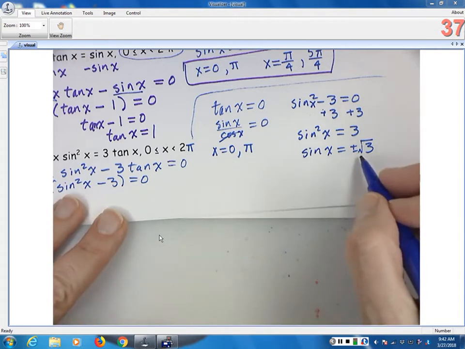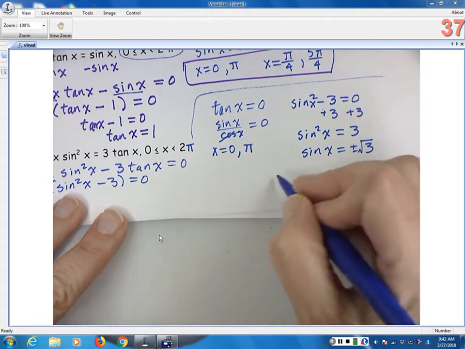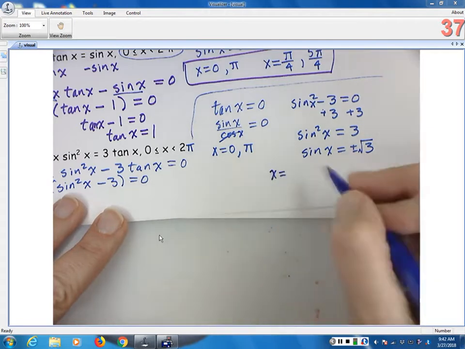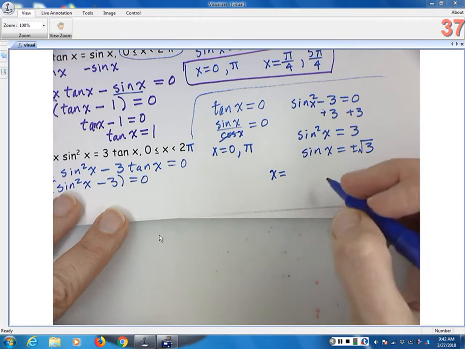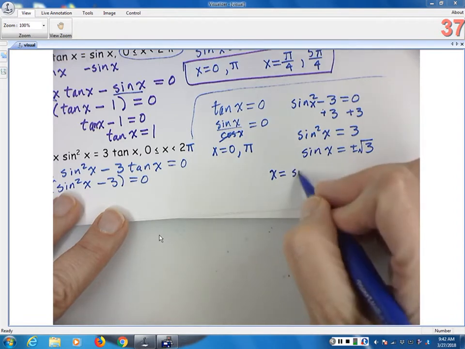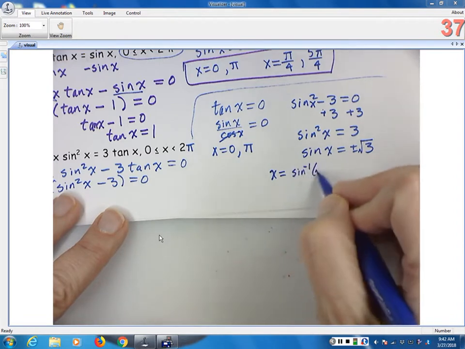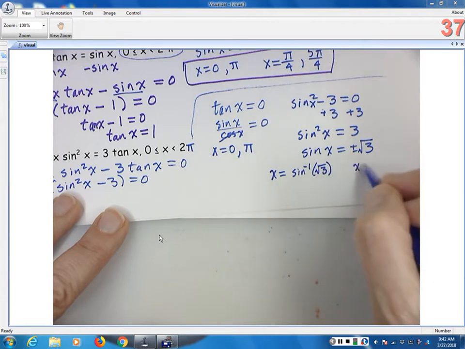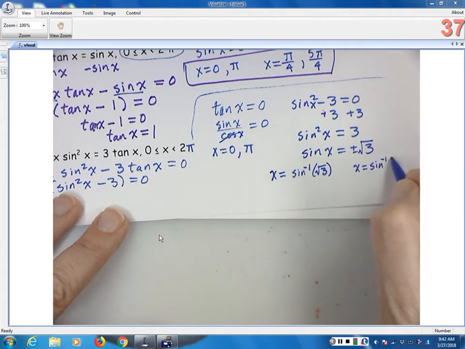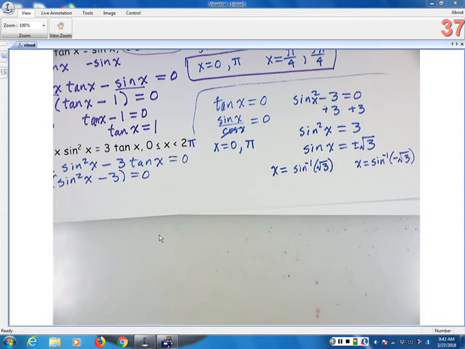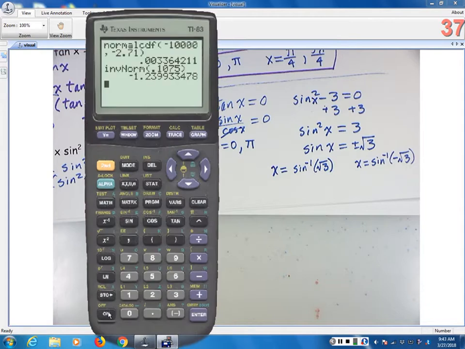Let's show you how to do that. x is going to be, okay, we're going to take sine inverse of the square root of 3, and we're going to take sine inverse of negative square root of 3, and just show you how you find that on the calculator. Second sine inverse, second square root 3.